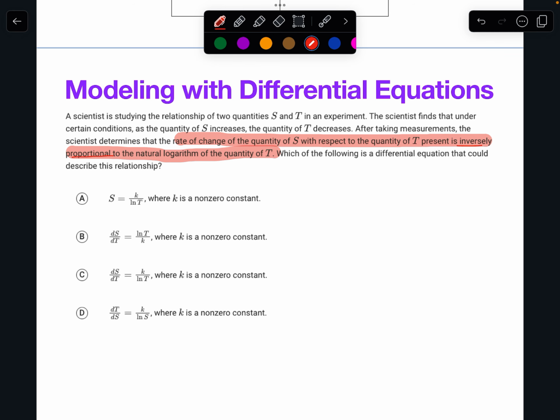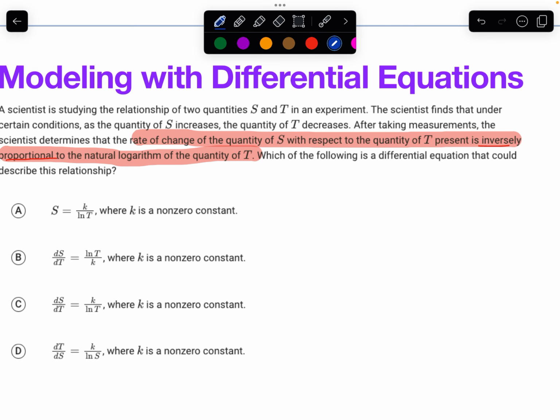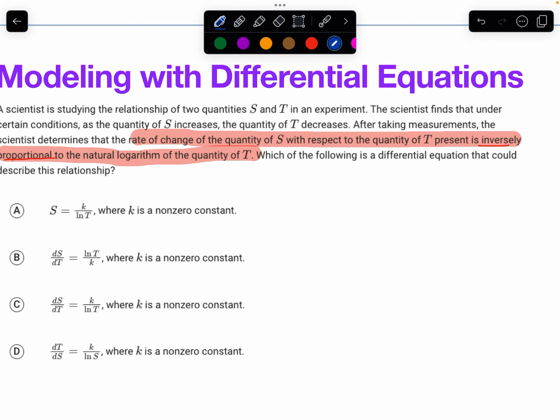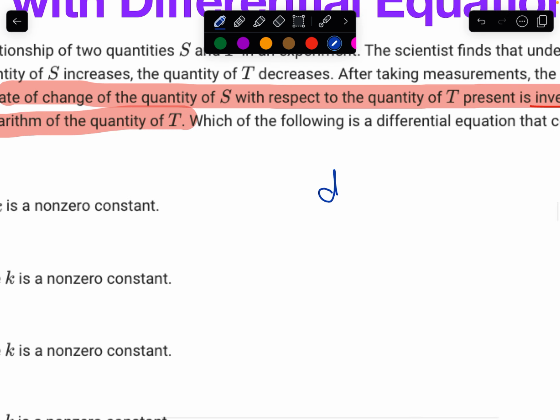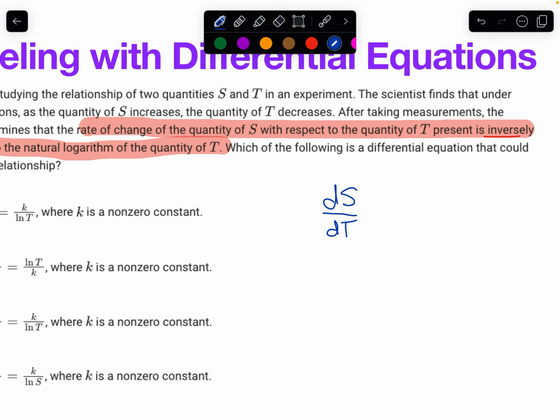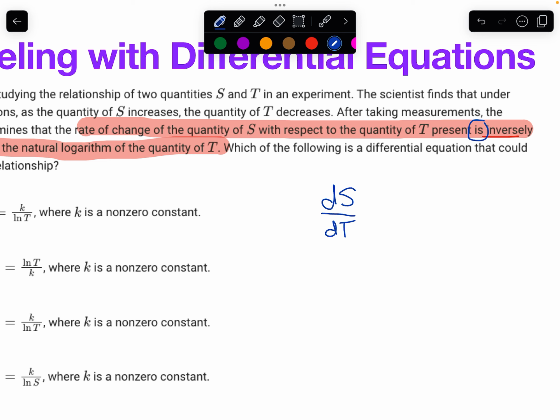Let's take that and break it down here. Let's write an equation. It says the rate of change of the quantity of s with respect to the quantity of t. Well, the rate of change of s with respect to t could be written this way, ds/dt. Now that word "is" is here, and that translates to an equal sign.